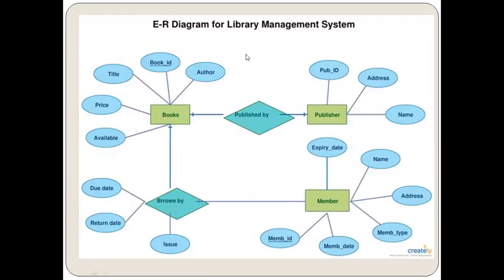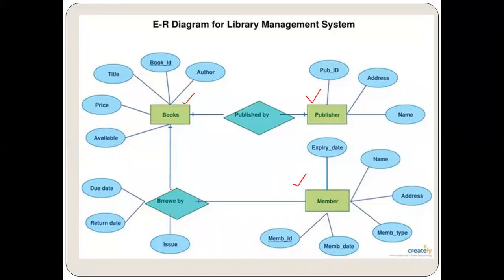This is just an example of a library management system ER diagram, and let's see how it is made. We have a library management system in which we have defined books as one entity, publisher as another, and then the third entity is the member.